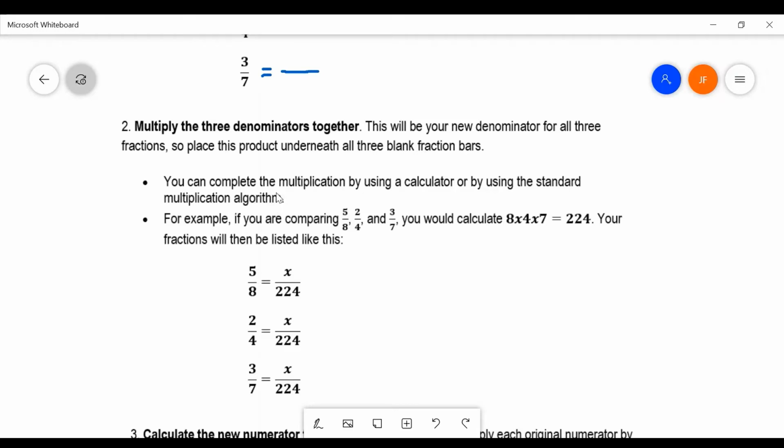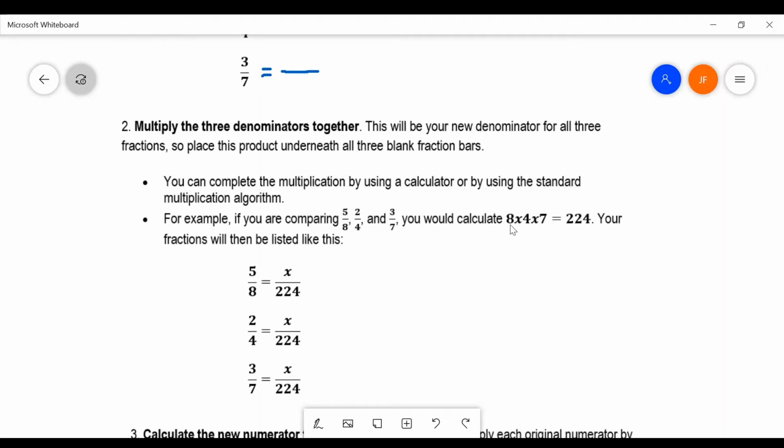You can complete the multiplication by using a calculator or by using the standard multiplication algorithm. For example, you are comparing 5/8, 2/4, and 3/7. You would calculate 8 times 4 times 7 is equal to 224.